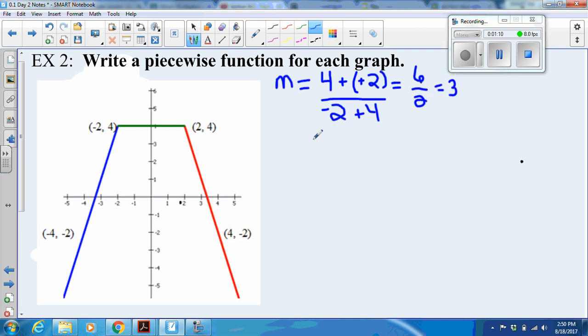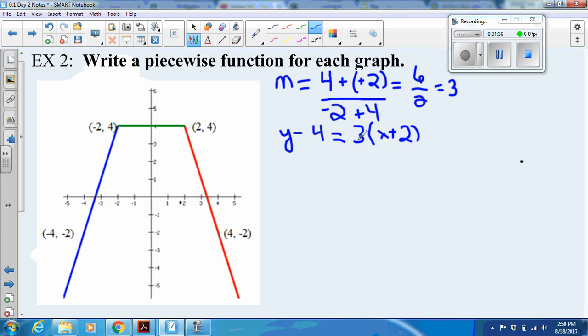Now, I'm going to use the point slope formula to get my equation for the blue line. So I have y minus, and I use one of my y points. Let's just say we use negative 2 and 4. So 4 is going to be my y value, which equals slope times x minus, and since we have a negative, we make it a plus 2.